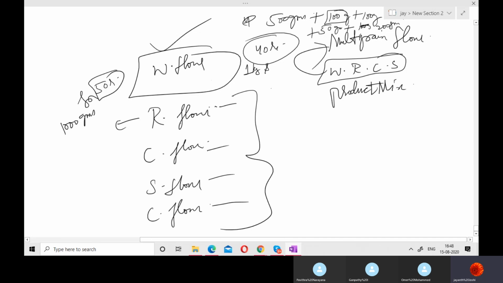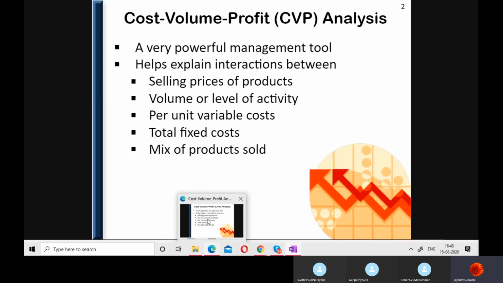If I have so much wheat, rice and corn, and I have 1 kg costing me this much, divide to get the per unit cost and multiply with the number of grams in the quantity, and then you get the cost of the multigrain flour. This experiment should help you in future, because you will become a cost accountant of a company and you'll have such tasks to do. I'm not saying you'll definitely be in food and beverages. You can go into any company.